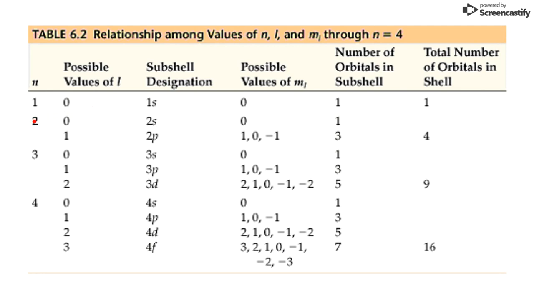As we move up, 0 to n minus 1 gives us s and p orbitals, and we can have a total of 4 orbitals, or 8 electrons: 1 s orbital and 3 p orbitals. You can see it grow as we move into higher energy, and that adds to the complexity as well as the hierarchical structure of how this works.